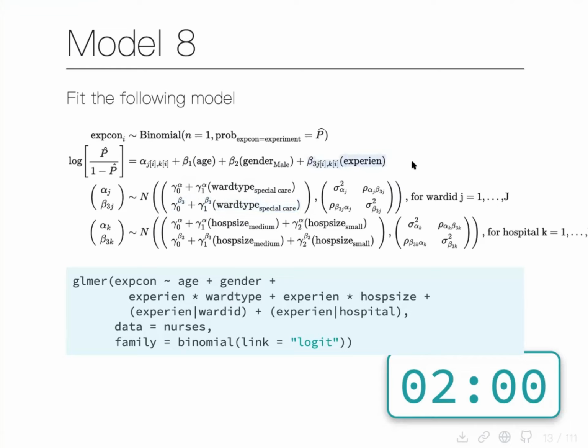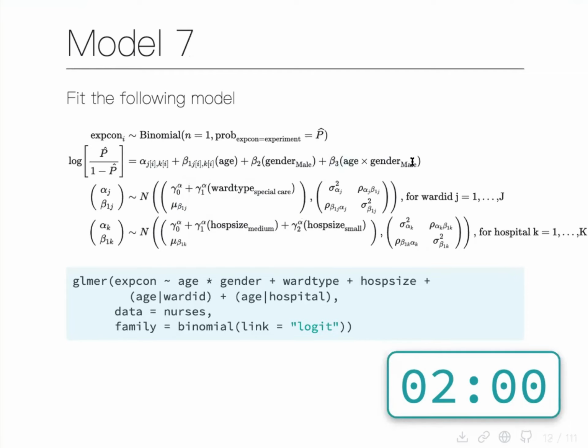Okay. And for the previous model, model 7, where you had an age and gender interaction, if age is varying randomly and you had a predictor like ward type as well for the beta 1, that interaction would only manifest with age, with the beta 1 age, or would it also apply to, I guess not, because beta 3 isn't randomly varying.